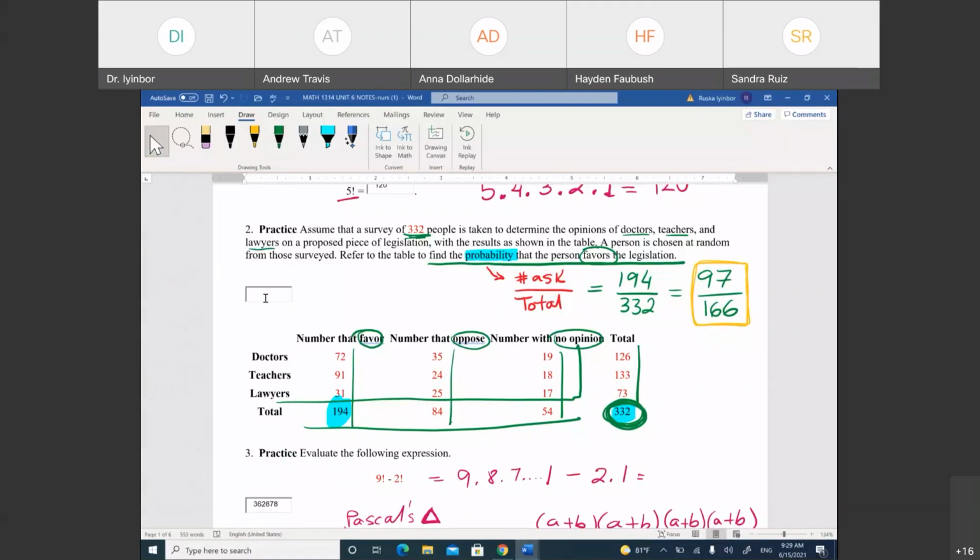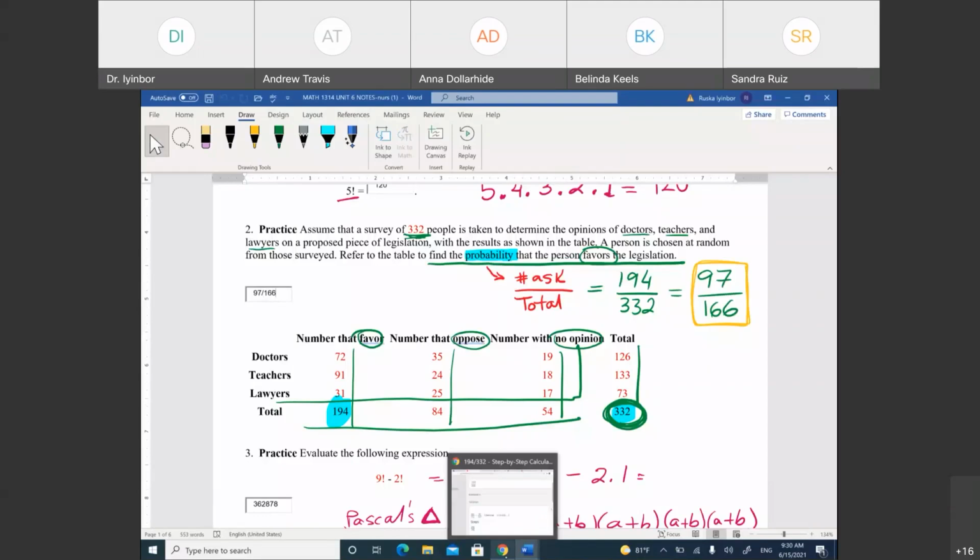Everybody understand how we get the probability? I have a question, Dr. Yes, Amy. For Symbolab, or rather for WebAssign, will it let you put in 194 over 332, or do you want it simplified? Yes, it's going to let you put it like that.